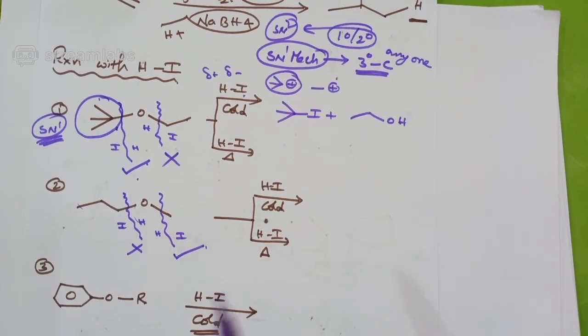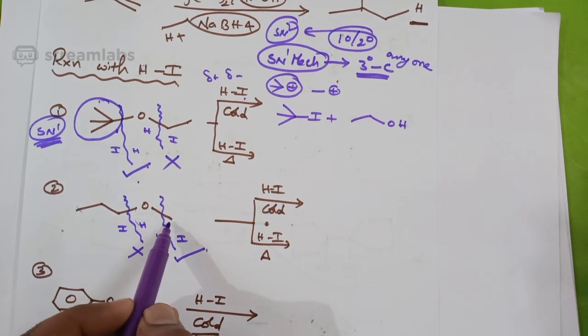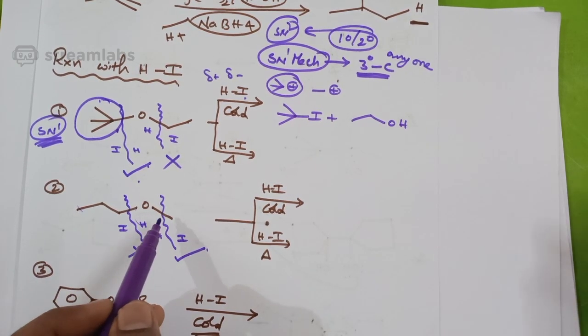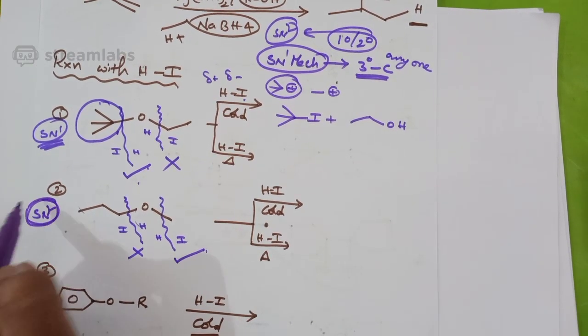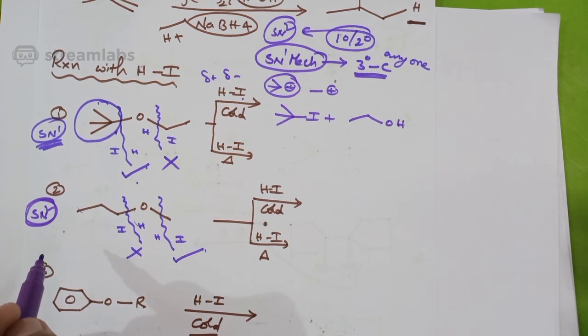But if I go for the second case, this is primary or maybe secondary, it's not a matter, and this is also primary. But don't take tertiary. Then it follows the SN2 mechanism, right? According to SN2, the less crowded group reacts easily.